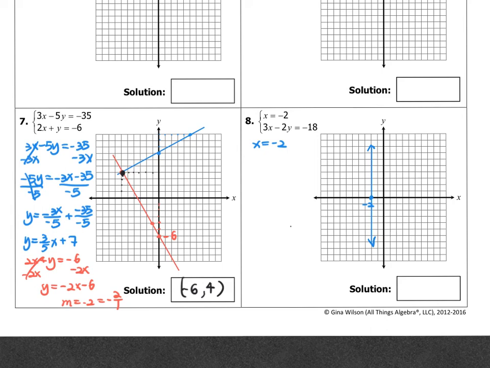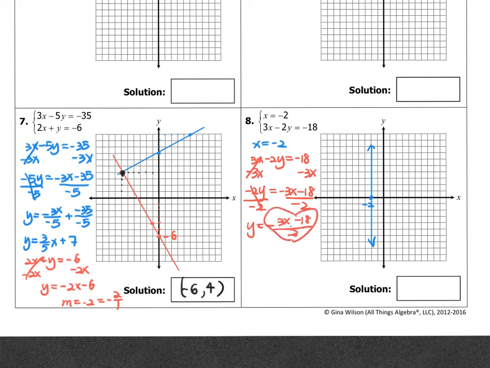Now, let's look at the second equation. So I have to rewrite that again into slope-intercept form, y equals mx plus b. And then I divide negative 2 on both sides. I will have negative 3x minus 18 over negative 2.